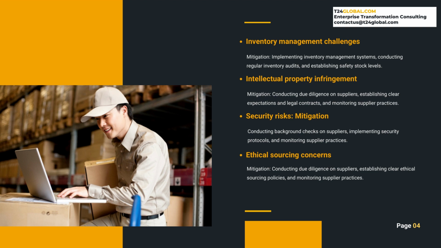This can involve setting up ethical sourcing management processes and conducting regular audits of suppliers. The key persona involved in this process would be the ethical sourcing manager, who would be responsible for managing ethical sourcing risks. Companies can use ethical sourcing management software, such as SourceMap or EcoVadis, to manage ethical sourcing risks and monitor supplier practices.